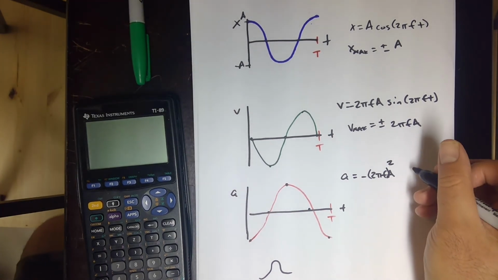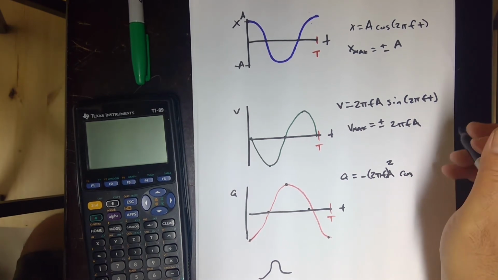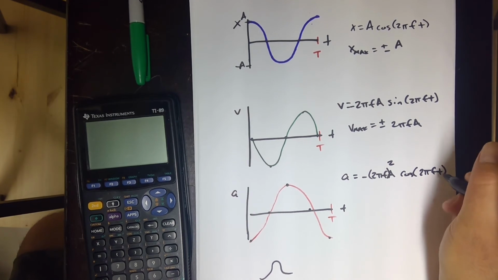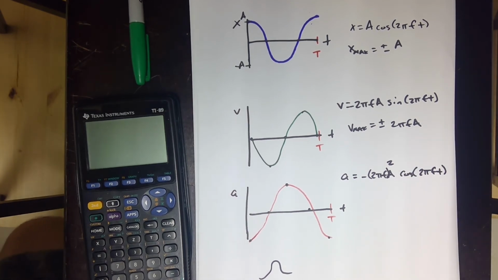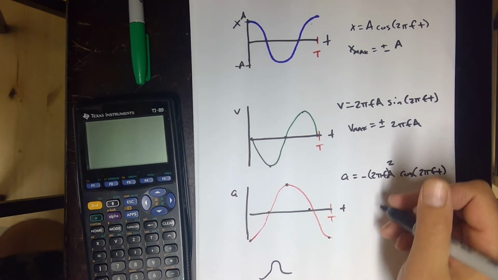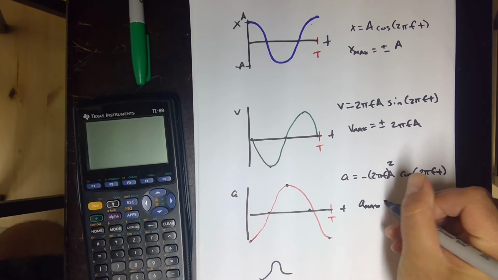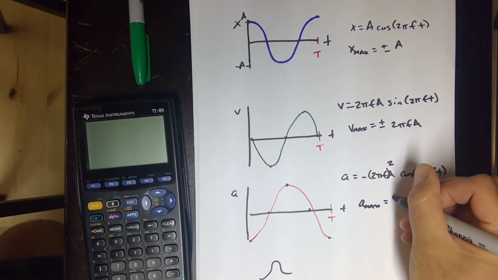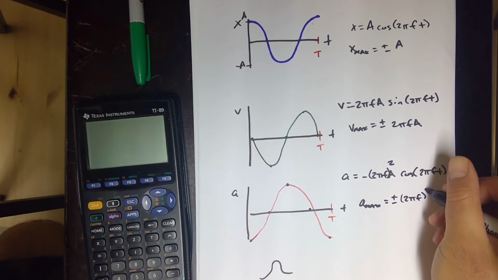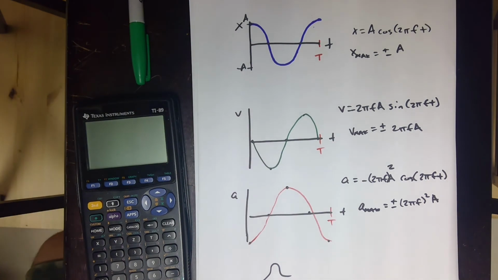And then it is going to be cosine. And what you're going to see is that the inside of the sinusoidal function is always the same thing, 2 pi f times time. Looking at that, your maximum acceleration would be plus or minus (2 pi f) squared times A, where again A is your amplitude up here.